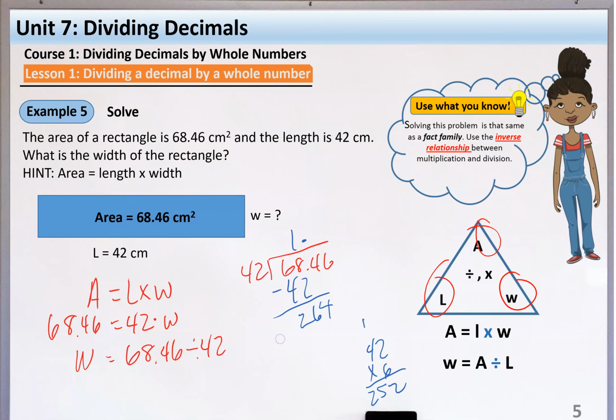Now we can bring down the 4. 42 times 6 is 252, which is as close as we can get without going over. So 264 minus 252 is 12, bring down the 6, 126. And 42 times 3 is 126. So our width must be 1.63 centimeters.